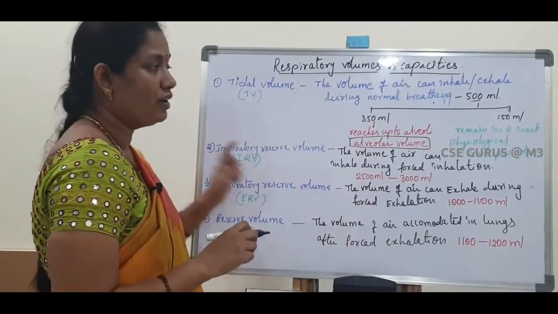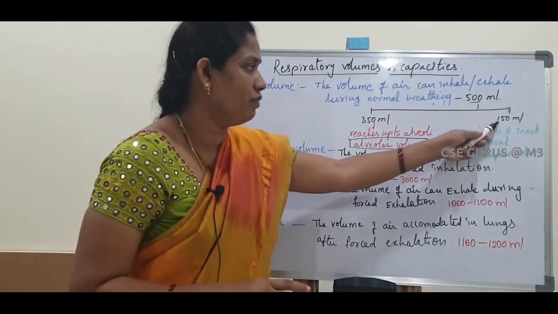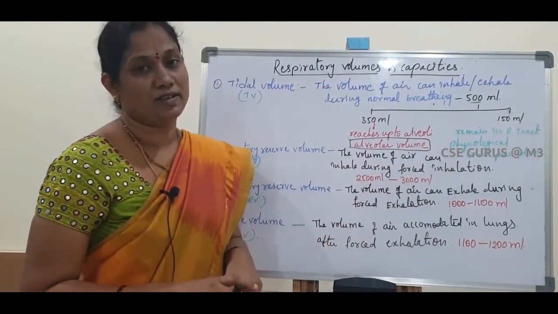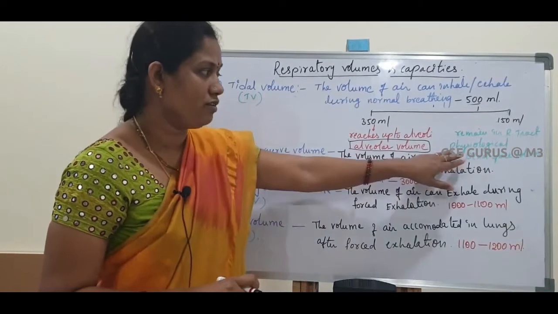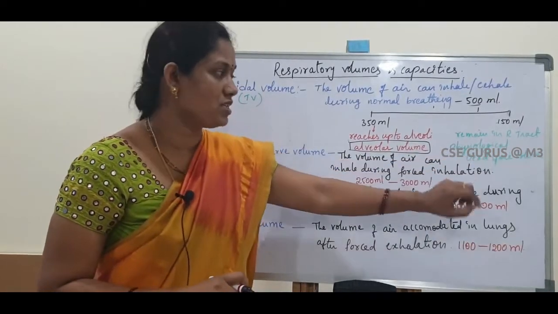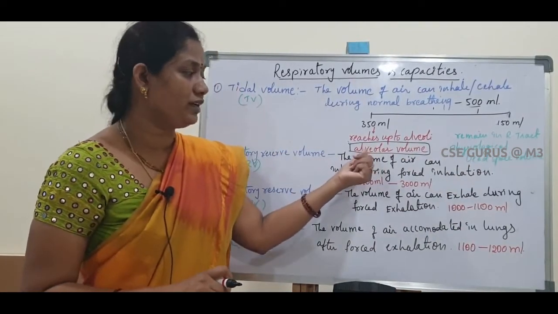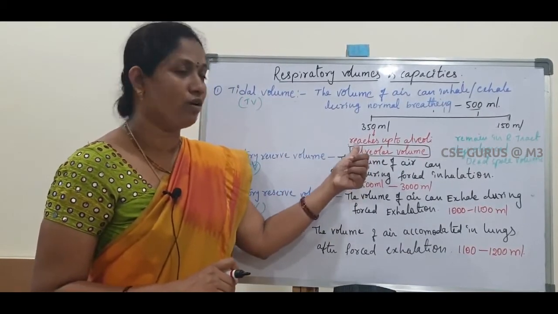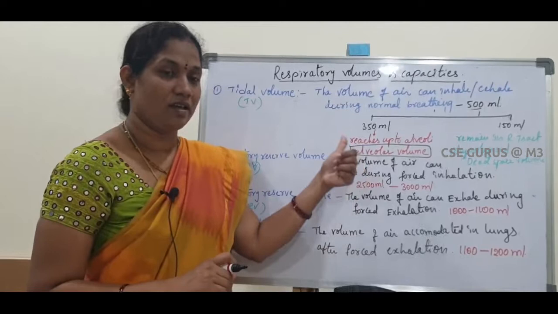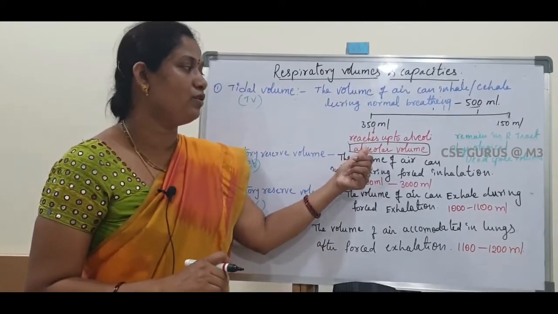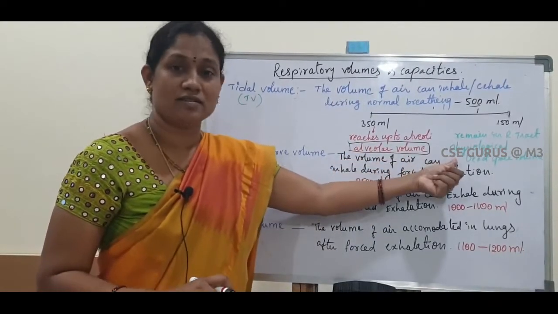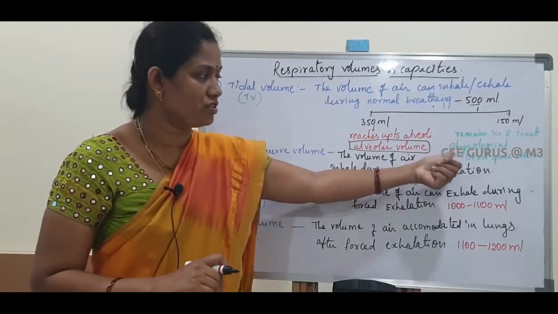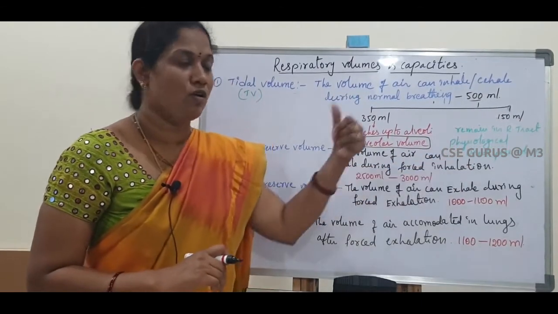The remaining 150 ml of air remains in the respiratory tract, so it is called physiological dead space volume. Actual gaseous exchange takes place in the alveolar volume. Here in the dead space, gas exchange does not take place.